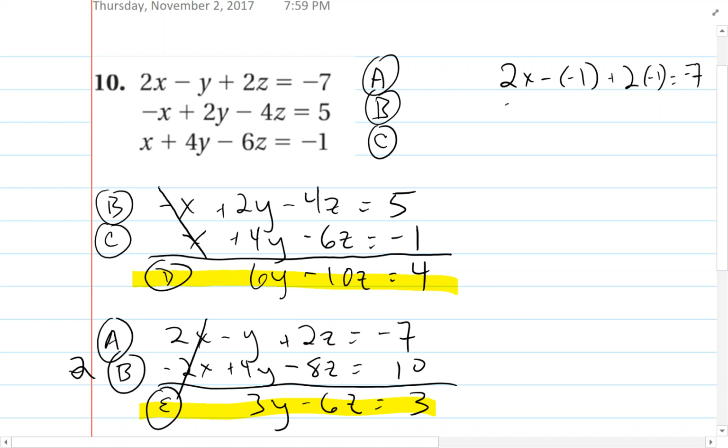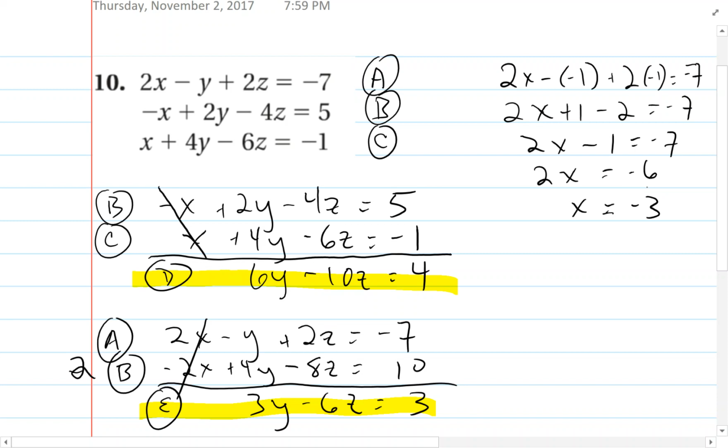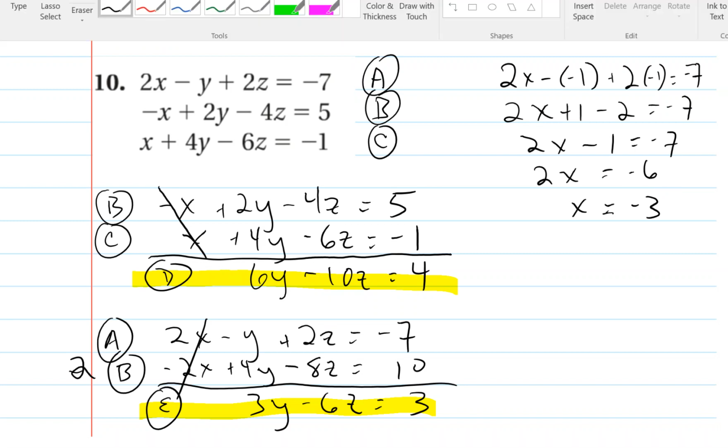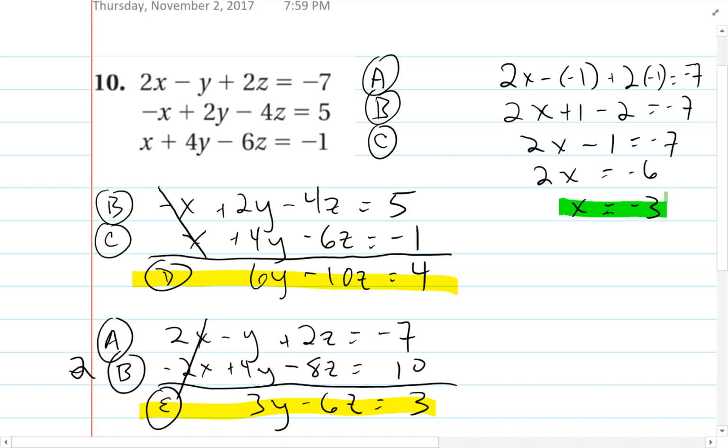So I end up with 2x plus 1 minus 2 is equal to -7. 2x minus 1 is equal to -7. 2x is equal to -6. X is equal to -3. And that becomes my third of the three variables.